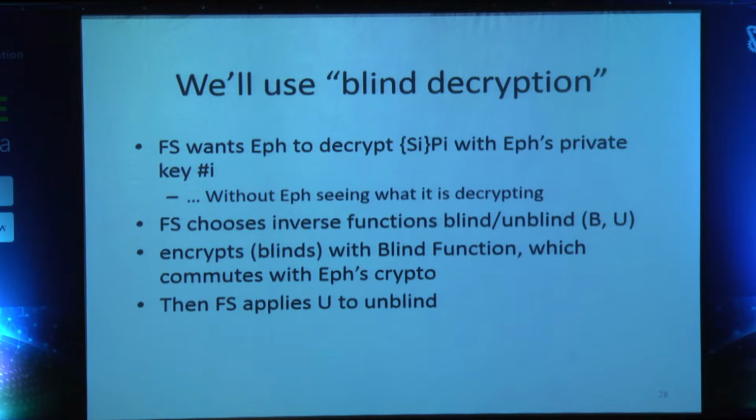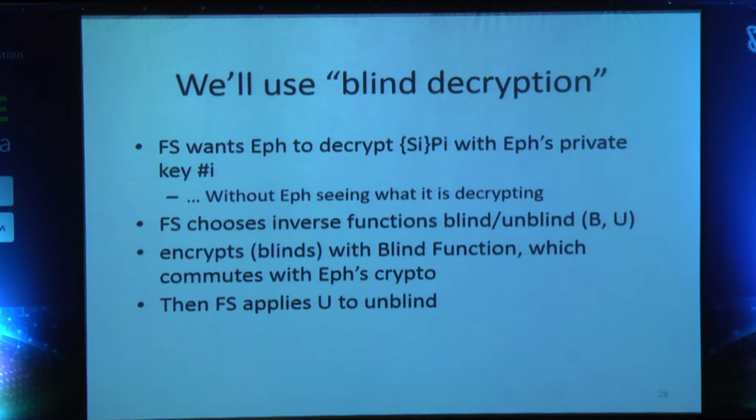But suppose we could come up with functions where you can encrypt with one, encrypt with the second, and then decrypt with the first one while it's still encrypted with the second. I'll show you how to do that in a minute, but for the moment, just believe that we can do it. The second function is really encrypt and decrypt, two inverse functions, but in the literature on blind signatures, they like to call it blind and unblind.